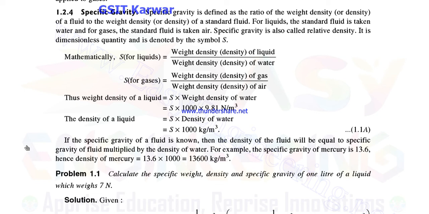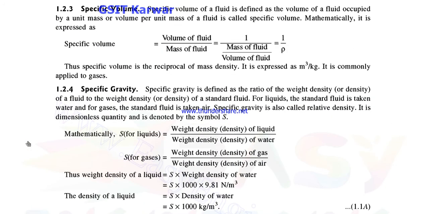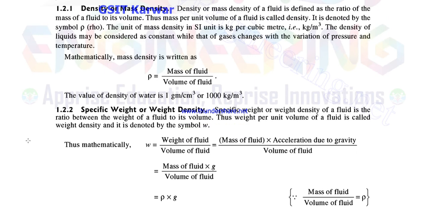For example, the specific gravity of mercury is 13.6, hence density of mercury is 13.6 into 1000, that means 13,600 kg per meter cube.